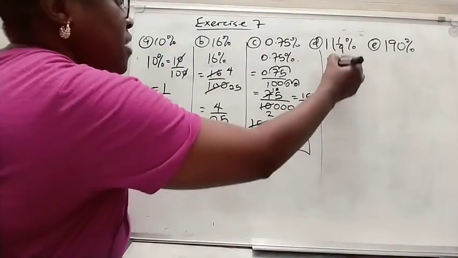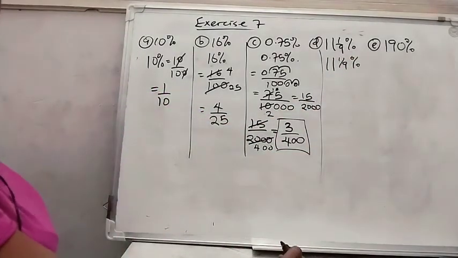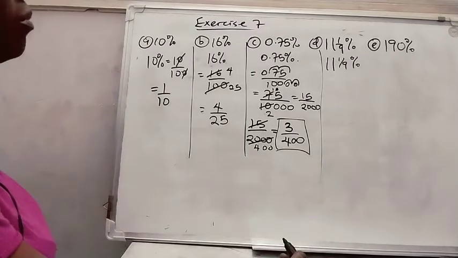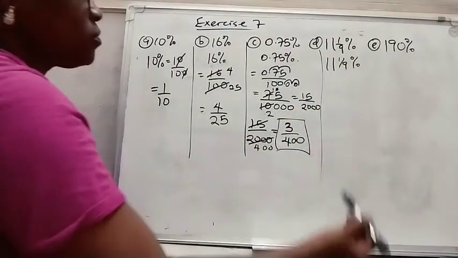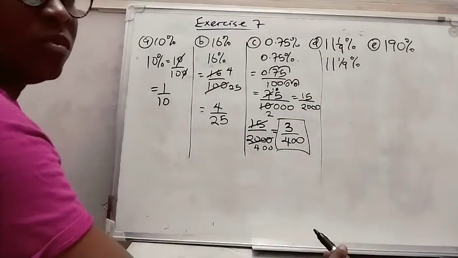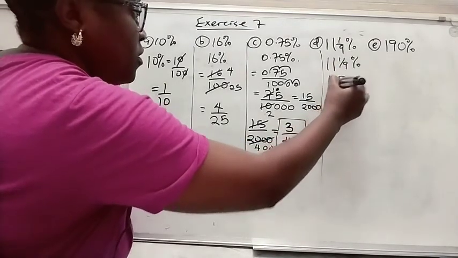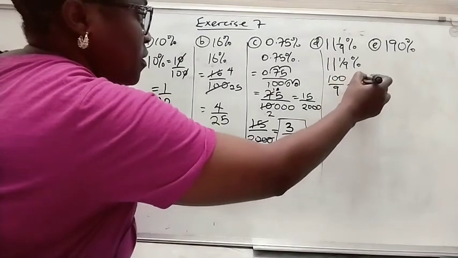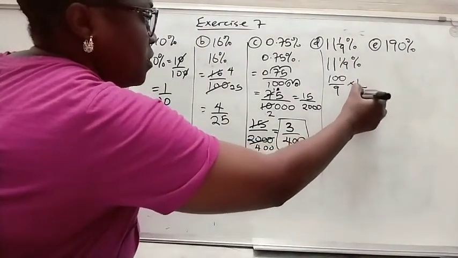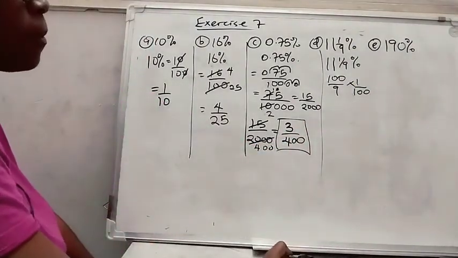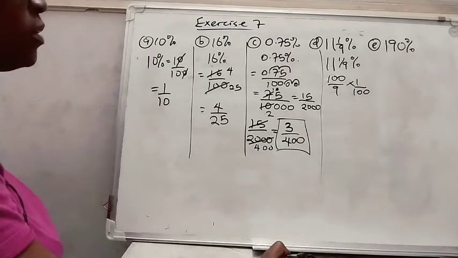And then we have 11 and 1 over 9. So I would like us to convert this to an improper fraction first of all before we start to work. So we have 11 times 9, which is what? 99 plus 1, giving us 100 over 9, all over 100.